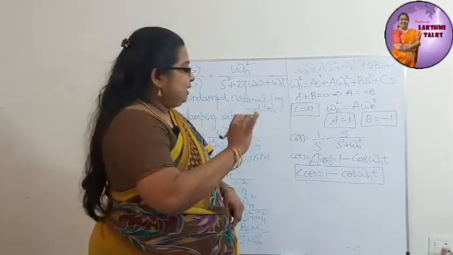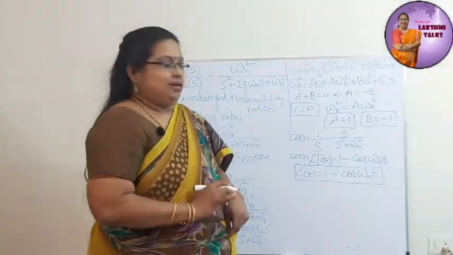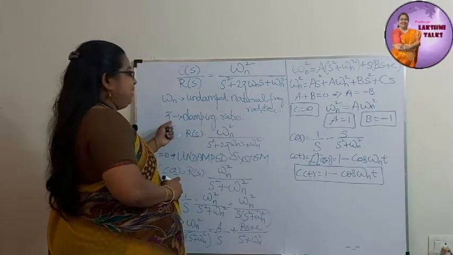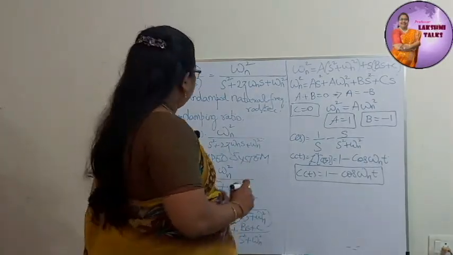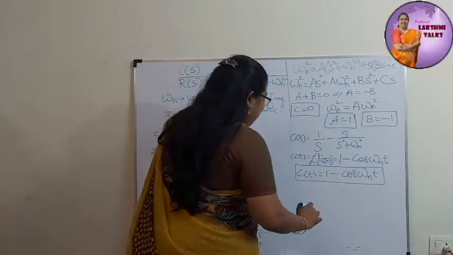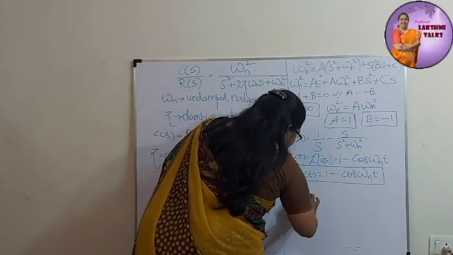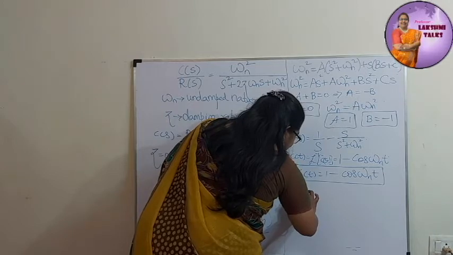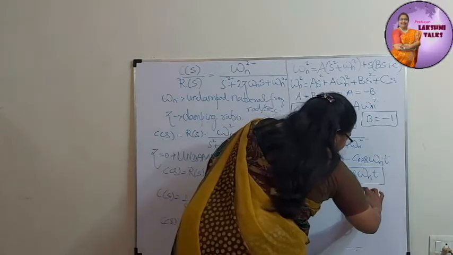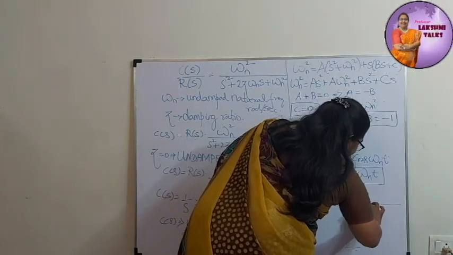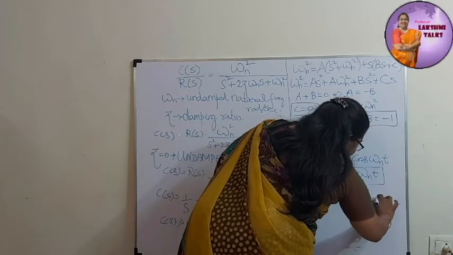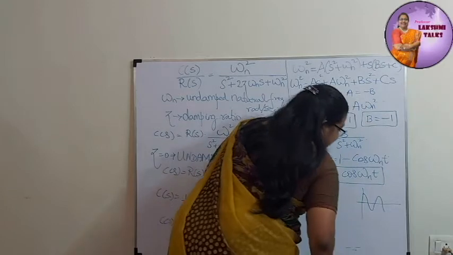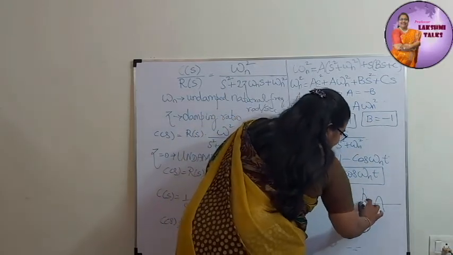What will be the response without any damping ratio, when zeta is equal to 0? We know that the cos omega t response is nothing but this. I'll draw it here. This is cos omega t.